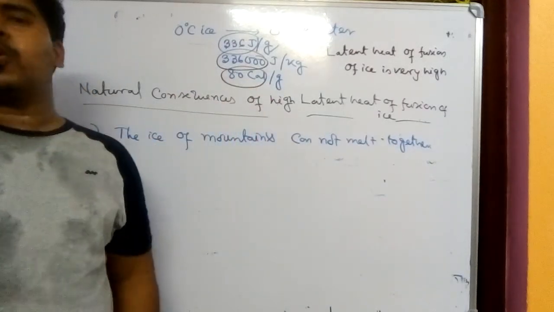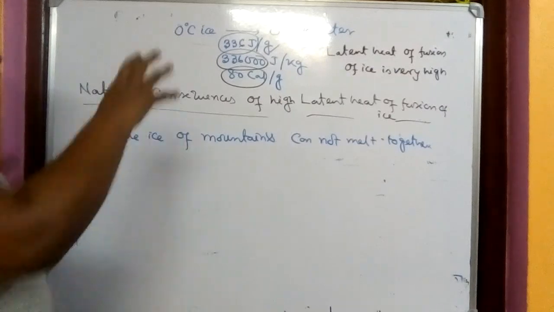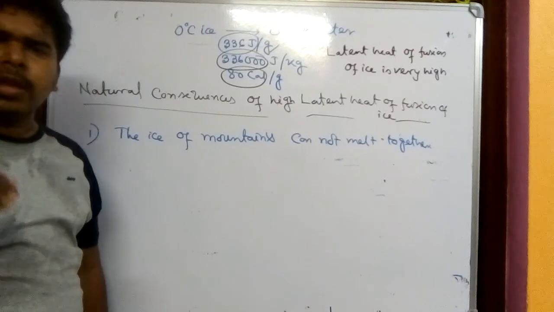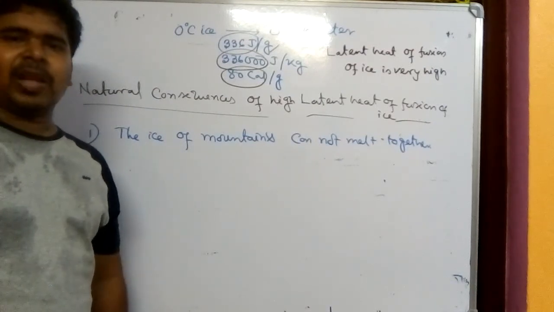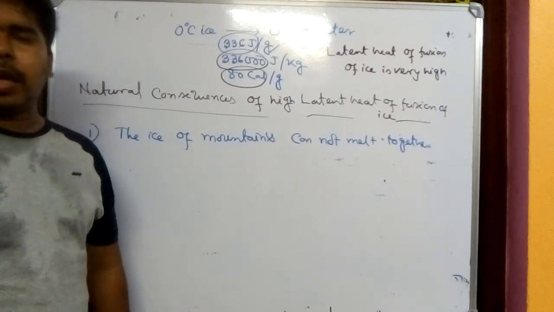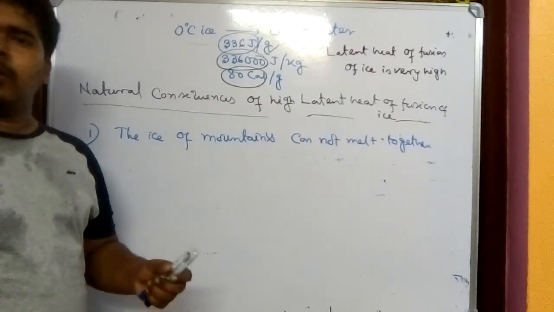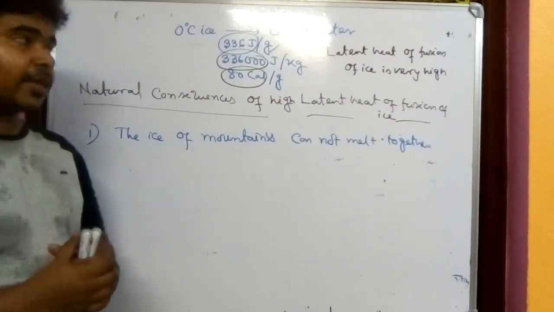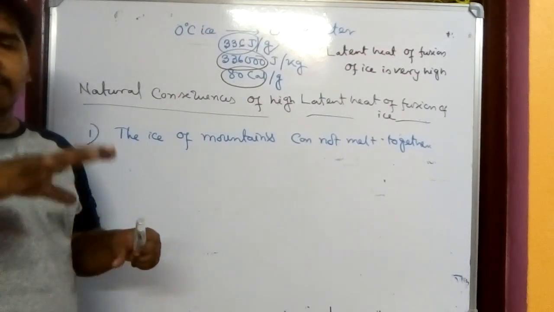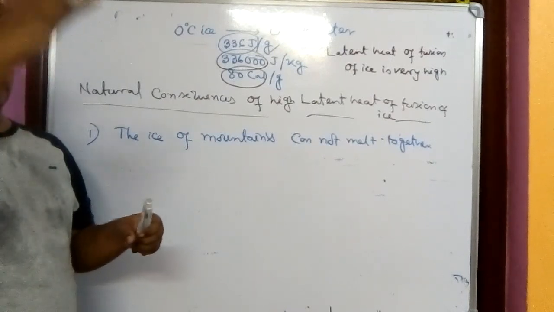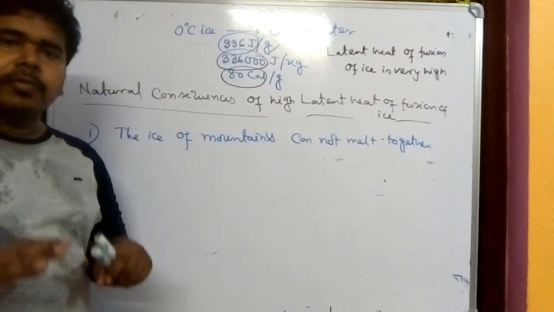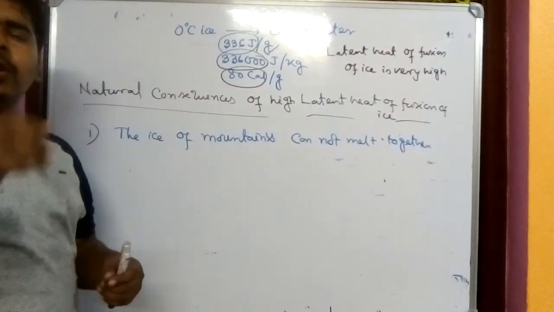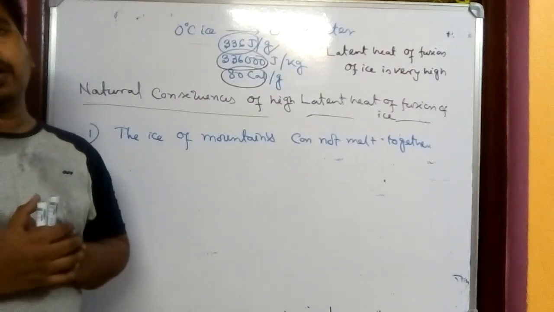So due to that huge heat energy, the ice of the mountains will melt very slowly. In the morning they melt, and at night they solidify and freeze again. So that's why the balance of the water level and the ice is maintained. If the heat energy were less, then suddenly it would melt and there would suddenly be a flood.